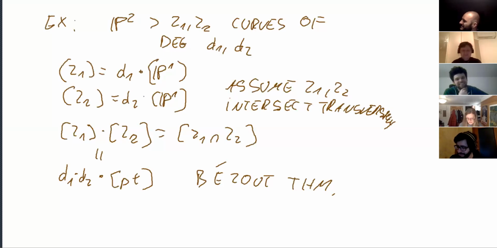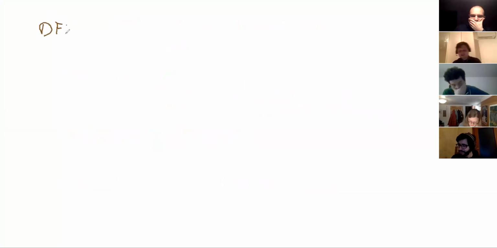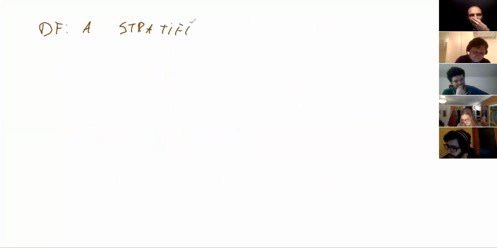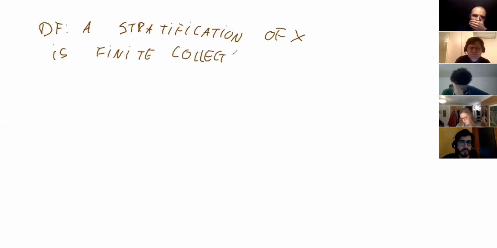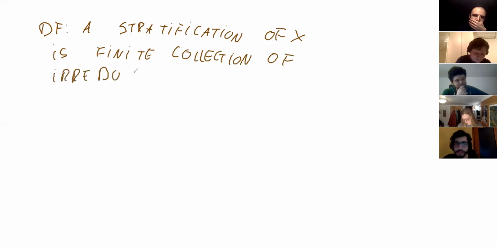Okay. I still have a minute. This is what my clock says, so I will maybe not lose it. And I will give you a definition of a stratification that will help you to compute Chow rings in general. So a stratification of a variety X is a finite collection of irreducible, locally closed subvarieties.